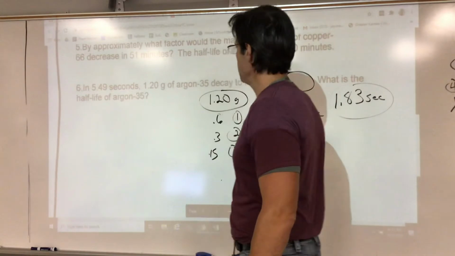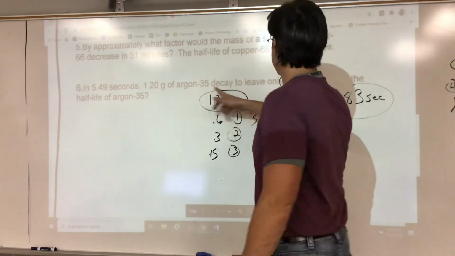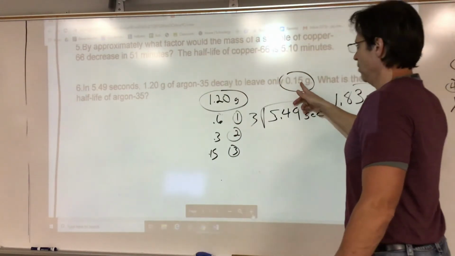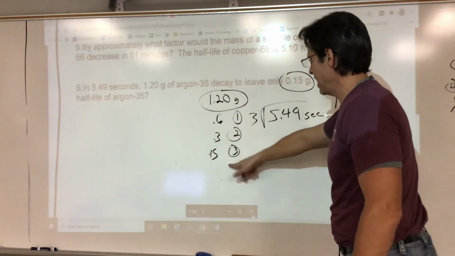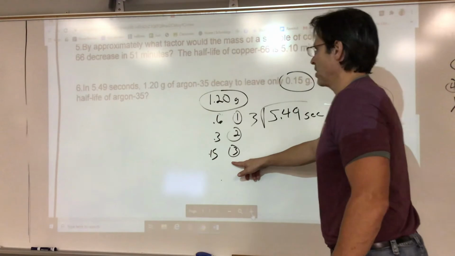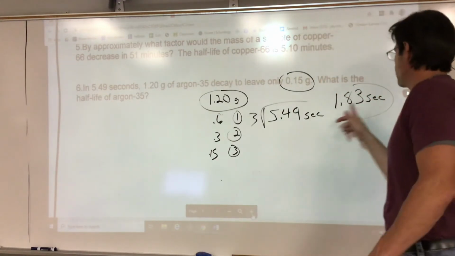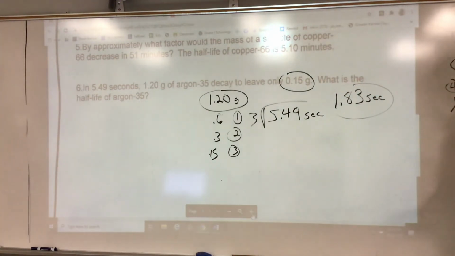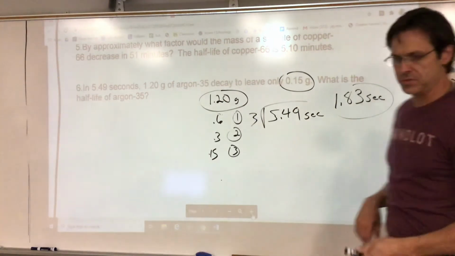That was the total time, it decayed to 0.15, which took 3 half-lives. So I just divided 3 into that. Yep. Okay. So that is 1.83 seconds. That is the last of the homework.